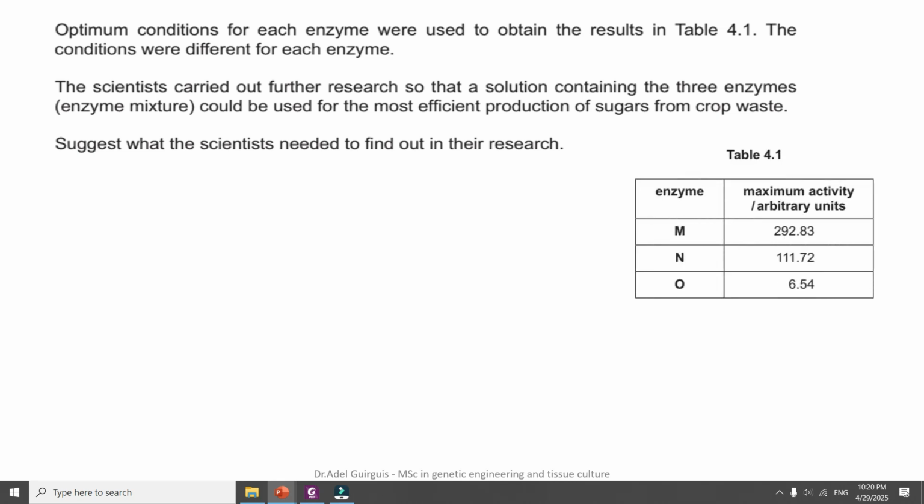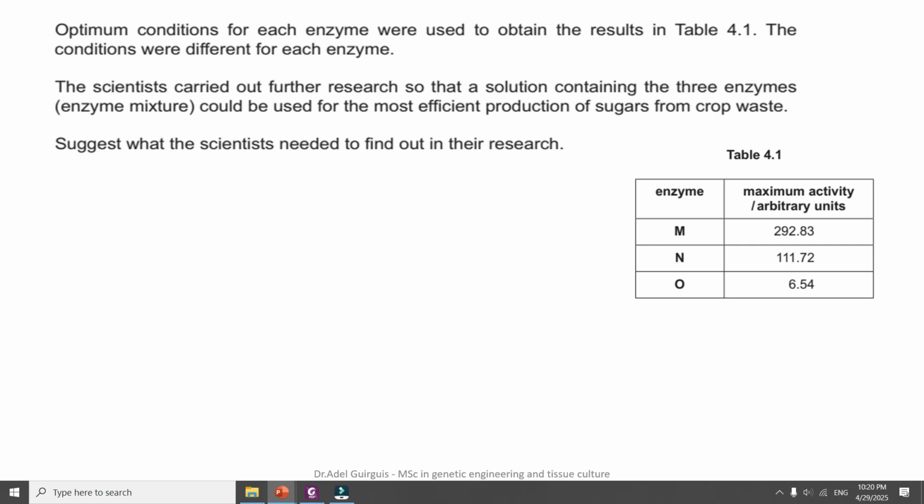Look at table 4.1, enzymes M, N, and O, with maximum activity per arbitrary unit. These figures, okay, 200, 292, 111, 6.5, and so on. Okay.